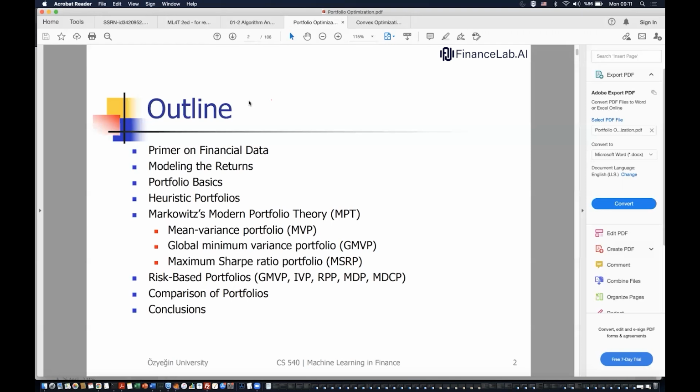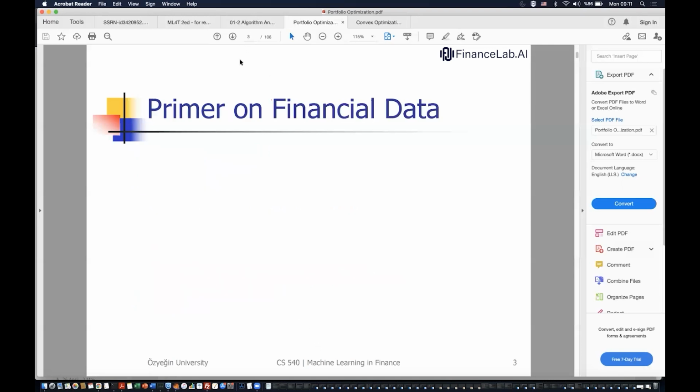There will be different types of portfolios related to this Markowitz modern portfolio theory, also known as MPT, and different portfolios with their abbreviations that we have seen. We'll then see risk-based portfolios, and then we'll compare the portfolios in this lecture.